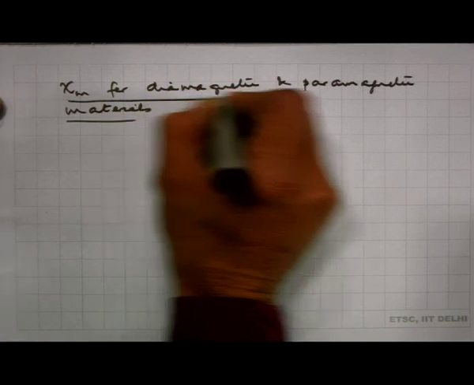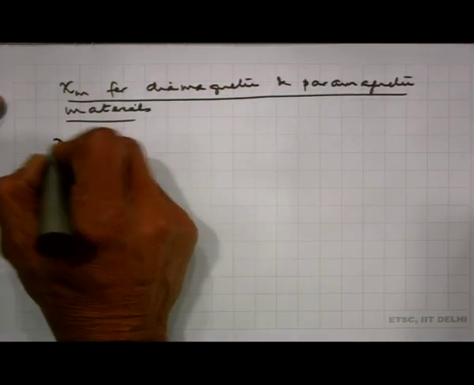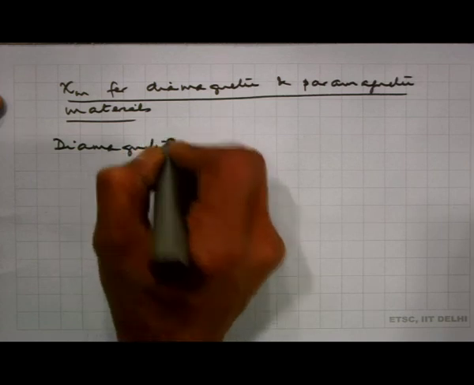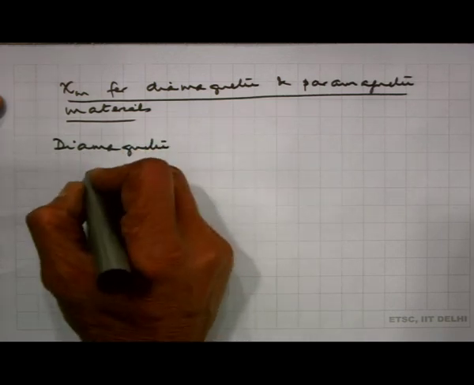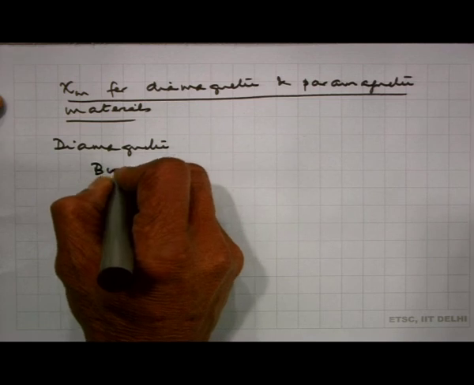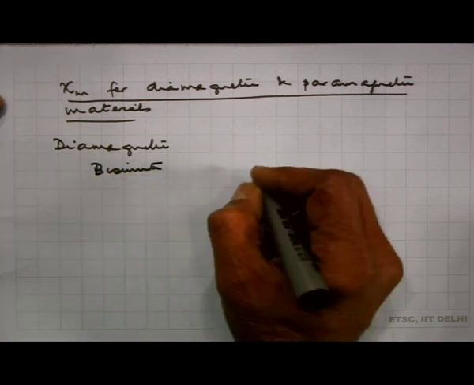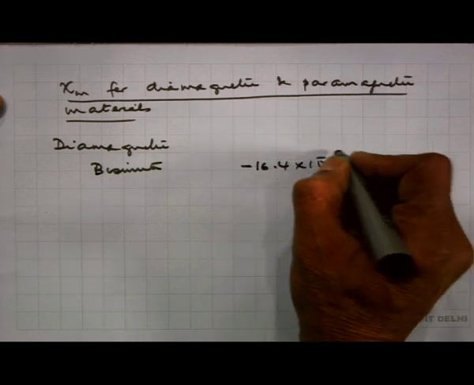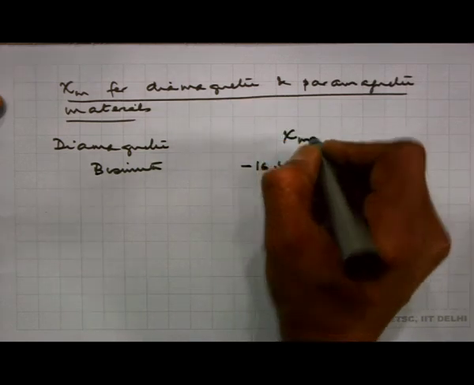To give you an idea of the values here, let me look at a table for diamagnetic. So, bismuth: minus 16.4 into 10 to the minus 5. This is chi m.